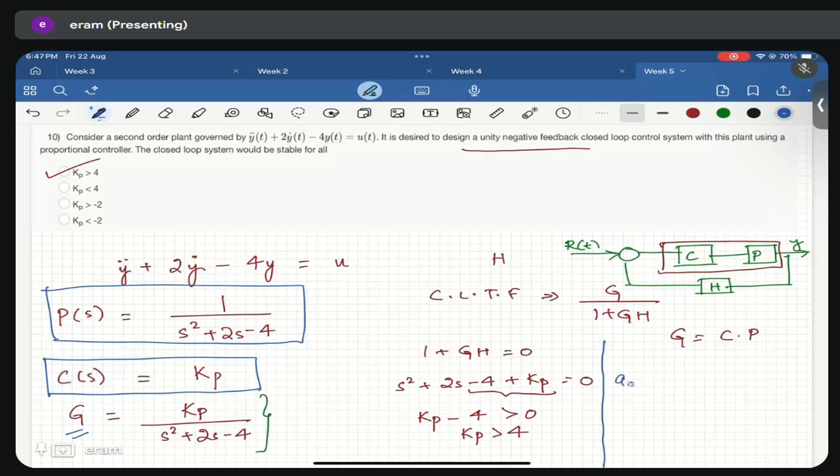What it means is, this is the standard way to represent a second order polynomial. To have all the poles of this polynomial lie on the LHP, a0, a1 and a2 should not be equal to 0. This is condition 1, and condition 2 is that a0, a1 and a2 all should have the same sign.